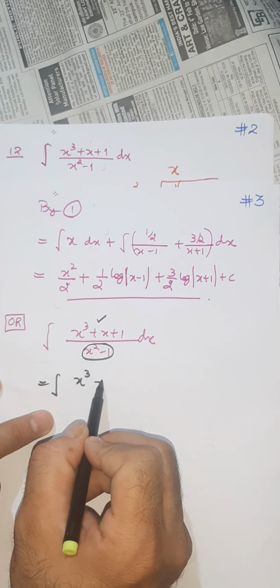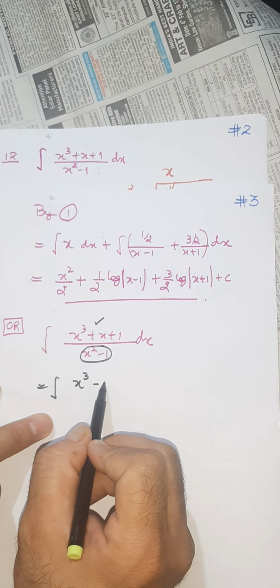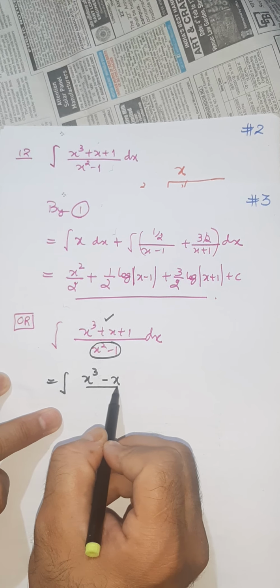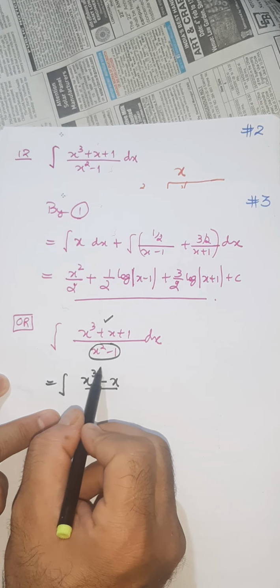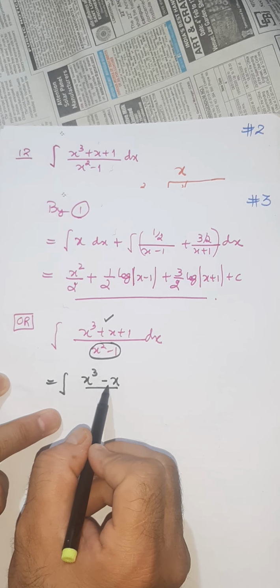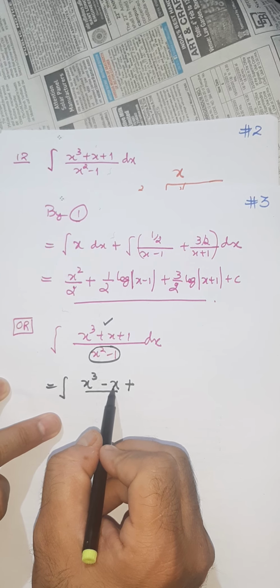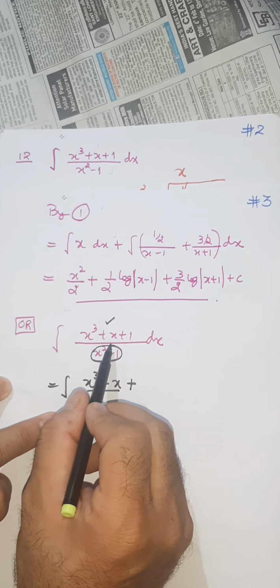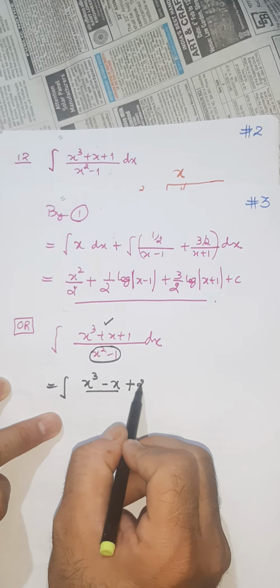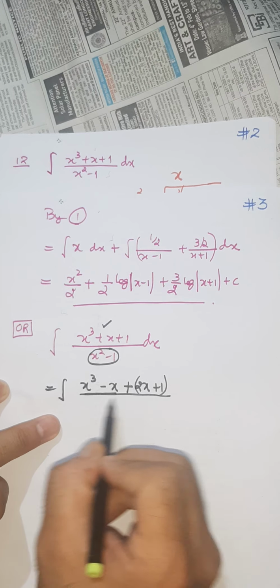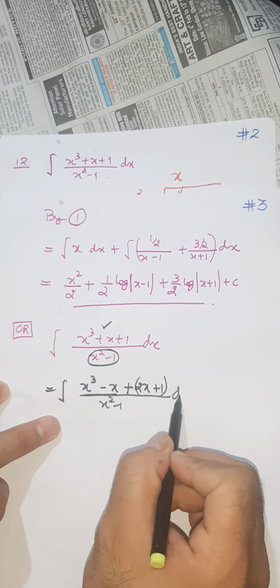I'll add plus x and subtract x, so I'll write here minus x. Why I wrote this? Because from these two, if I take x common, you will get x square minus 1 inside the bracket. Now if I subtracting x, I need to add plus x. x is already there, so this become 2x plus 1, the whole upon (x square minus 1).